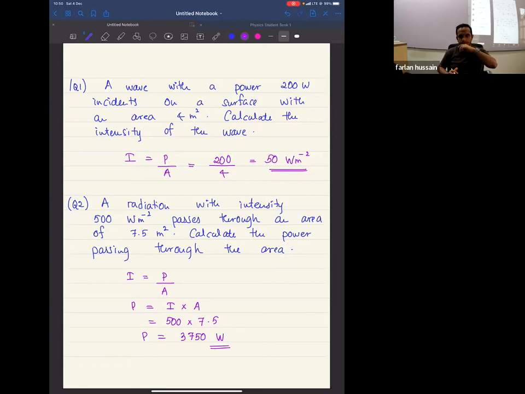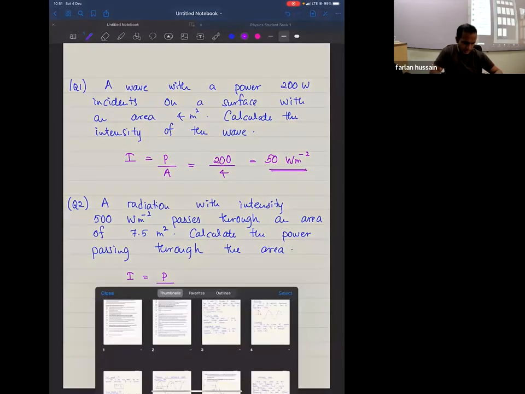That's the power. So that's about intensity.